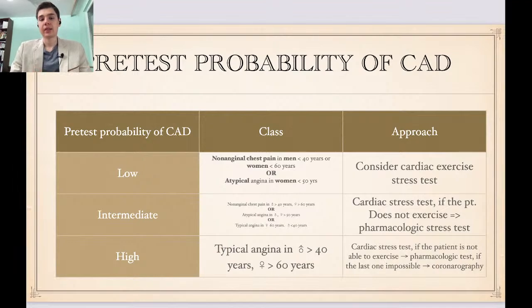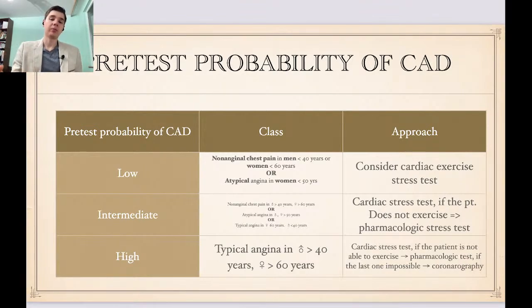Also, the low class includes atypical angina in women less than 50 years of age. For low risk patients, we will consider a cardiac exercise stress test. The intermediate population is represented by males that are more than 40 years and females that are more than 60 years. They have non-anginal chest pain.